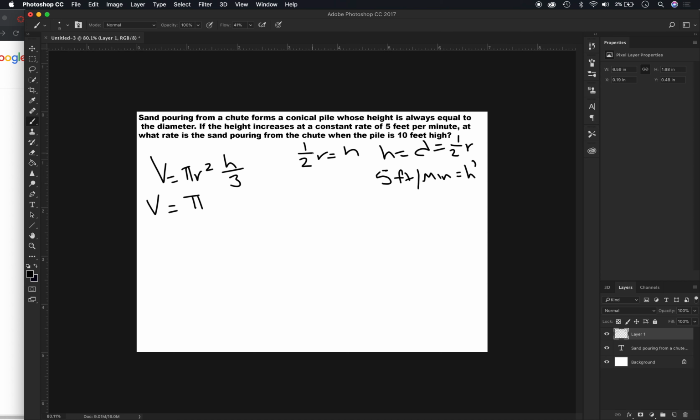One half r equals H. We're going to put it in terms of H. Oh, r equals 2H. Nice. So we're going to do pi times 2H squared times H over 3, right? That works, right? I feel like it won't for some reason. We're going to figure it out. If it doesn't work, we'll come back and fix it.